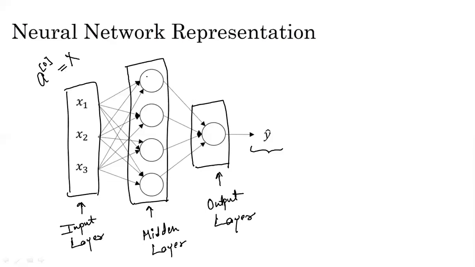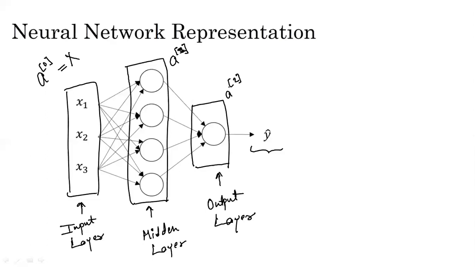The hidden layer can be represented as a1, and the output layer can be represented as a2.